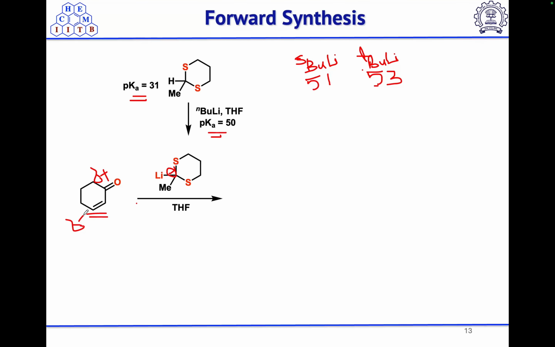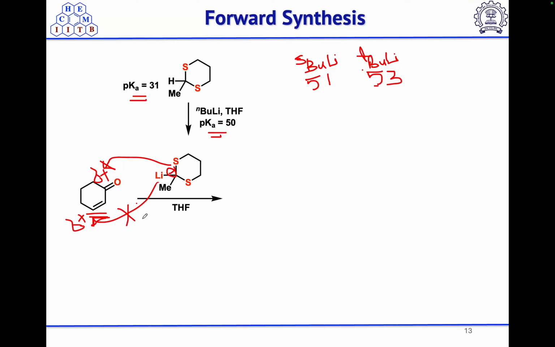Both are electrophilic centers. So now you are adding this nucleophile into this molecule. What will happen? Two possibilities are there. It can attack here, or it can attack here.